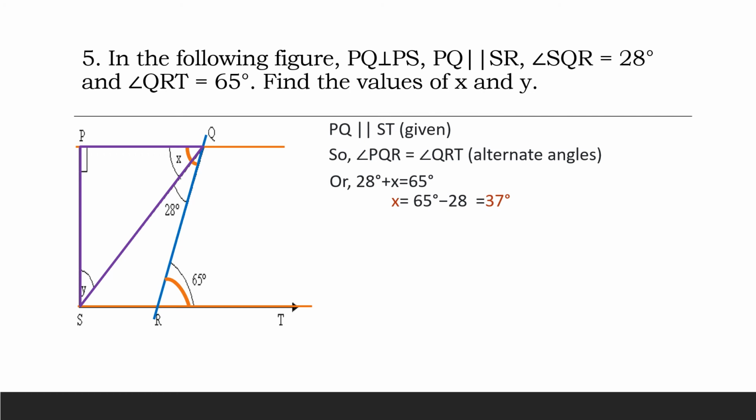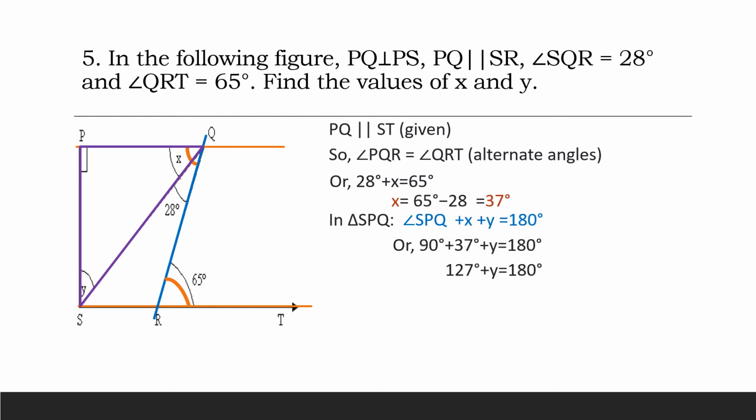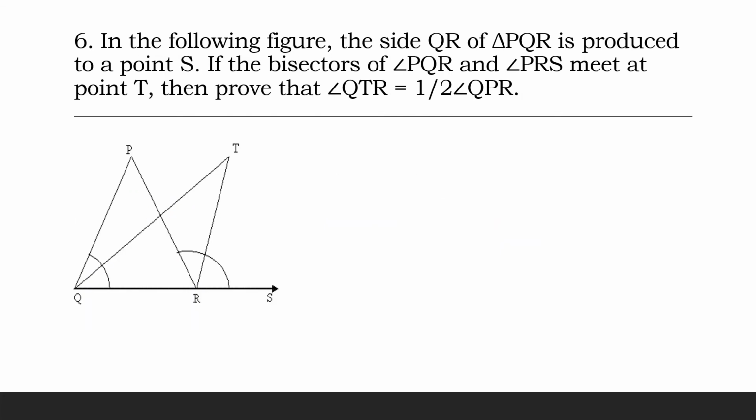So we can easily find the value of Y. 180 minus (90 plus 37). So we get Y is equal to 180 minus 127, that is equal to 53 degrees. So X equal to 37 degrees and Y is equal to 53 degrees.